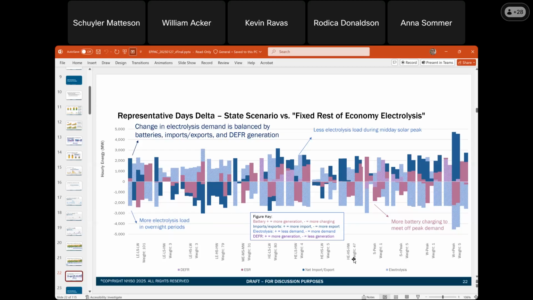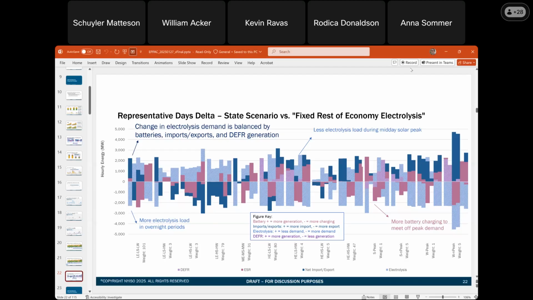So you're trying to understand when the defer generators are going to be used to serve the electrolysis load. Is that correct? Right. Yeah, in the modeling, to me, the one thing that stood out was that the defers are a lot of times running in the mornings. And I think a lot of that has to do with the logic in the model, where the storage might not be charged yet.